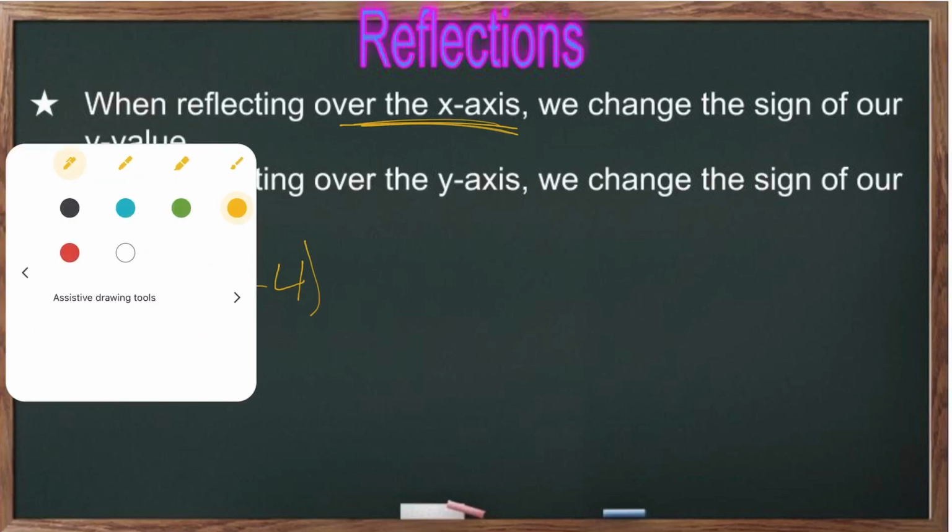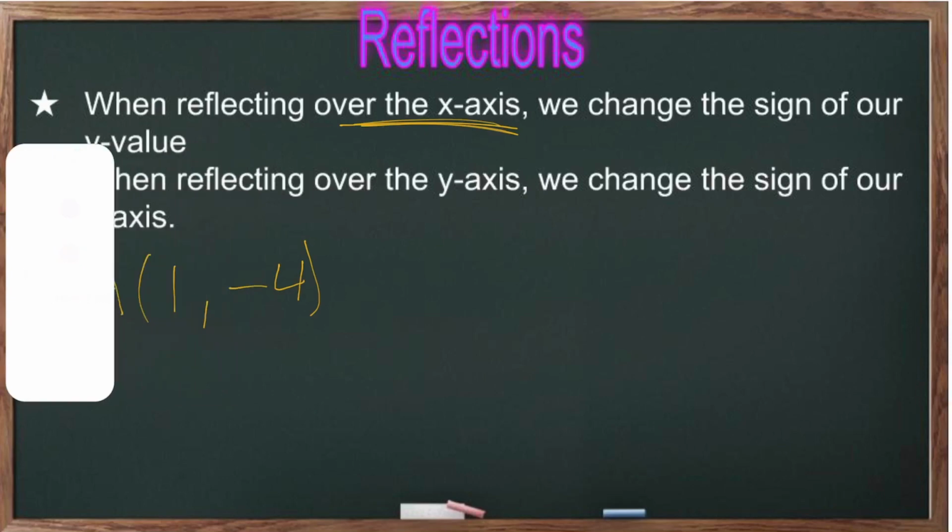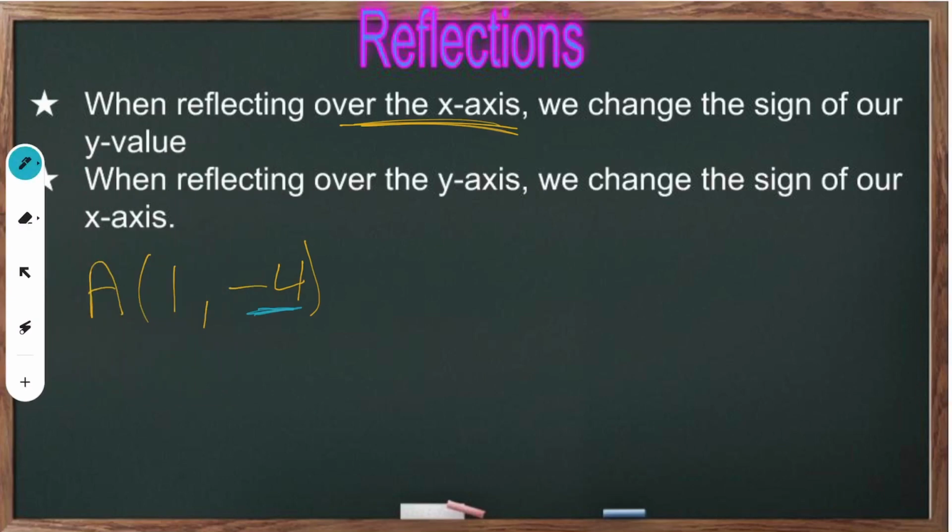So I'm going to look at my y value, which is this negative 4 right here. That means when I reflect it over the x-axis, A prime, my image, will become (1, 4), because I'm not changing anything on my x value. The y is positive 4, because originally I had a negative 4, and since I'm reflecting over the x-axis, I want to change the sign of my y value. So I changed the negative 4 to a positive 4.